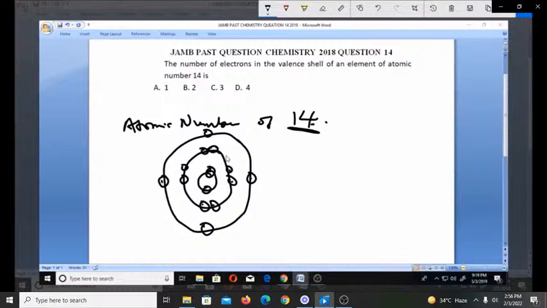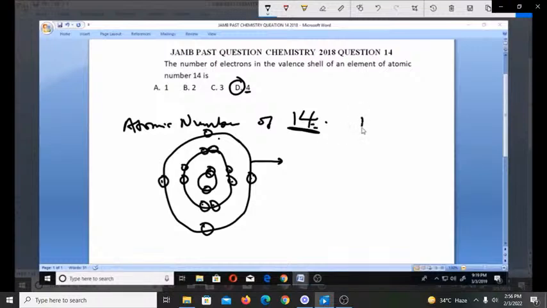Other electron shells will have 8, 8. So the valence shell is the last shell. So this is the last shell, and this has completed the atomic number, which is 14. So how many electrons are on this valence shell? We have only 1, 2, 3, 4. So that makes D, 4, the answer.